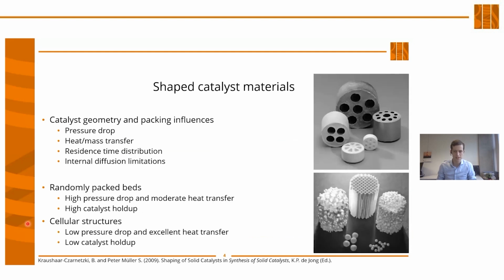One of the more basic ways to influence this is by what is inside of this reactor. So as I mentioned, it's a tube and inside is catalyst, because catalyst is what makes the reaction happen. And the geometry of this catalyst and the way that it's packed in the reactor really influences everything that happens. So as I mentioned, only the walls are hot and the gas is everywhere.